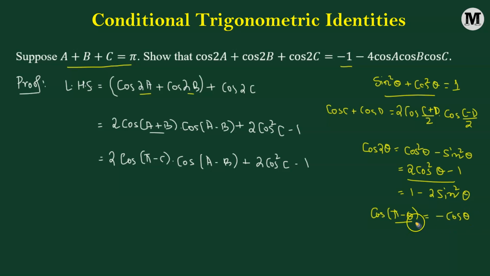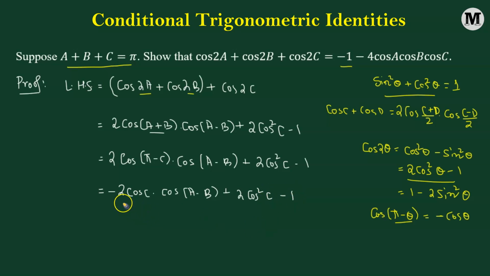Here pi minus theta lies in the second quadrant, where the cosine function is negative, and that's the reason why we're getting this negative sign. For our case, cosine of pi minus C gives us negative cosine C. So we get -2 times cosine of C multiplied to cosine of the angle A minus B added to 2 times cosine squared C minus 1.